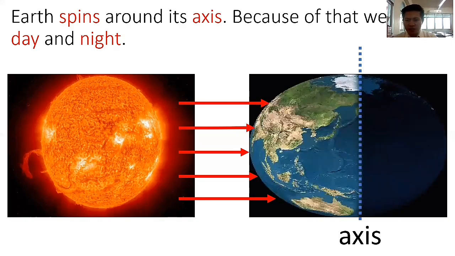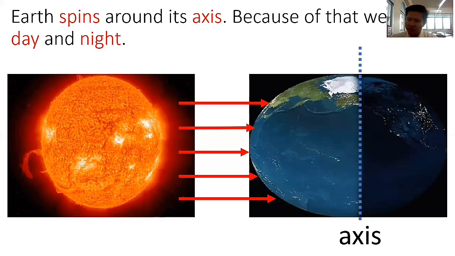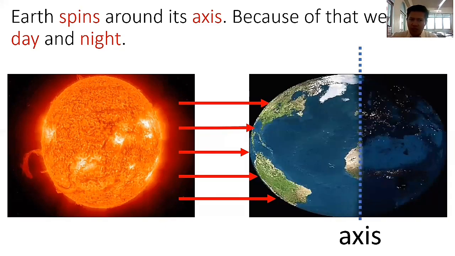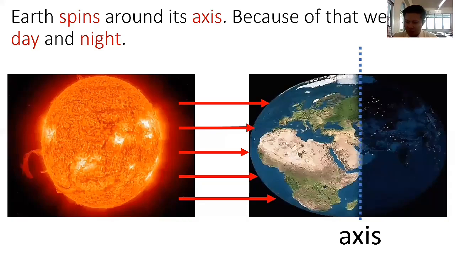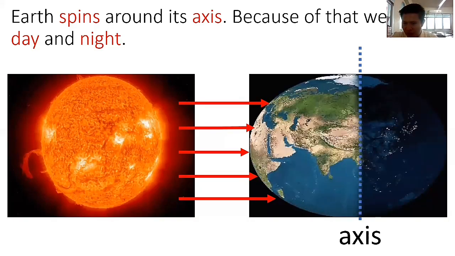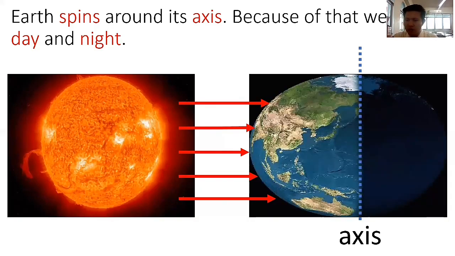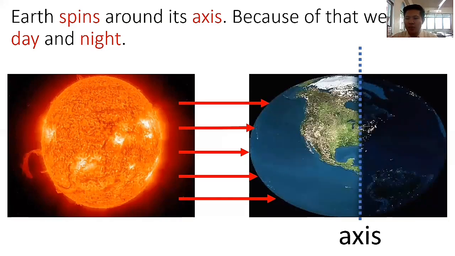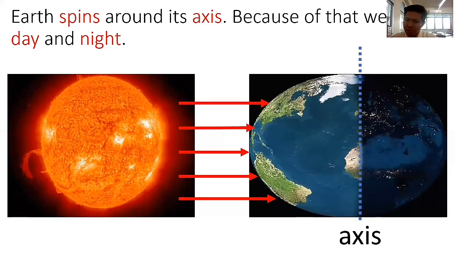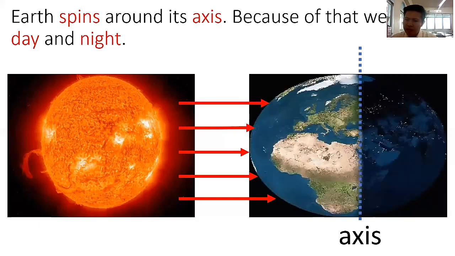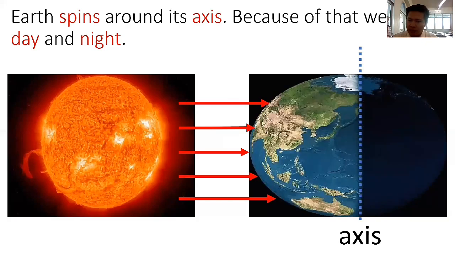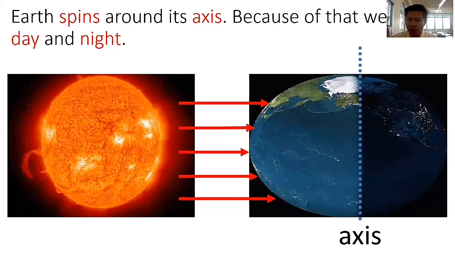Have you noticed that the earth is moving, or the earth spins on its axis? This is the axis part. Have you noticed that the left side has light, but the right side is very dark?